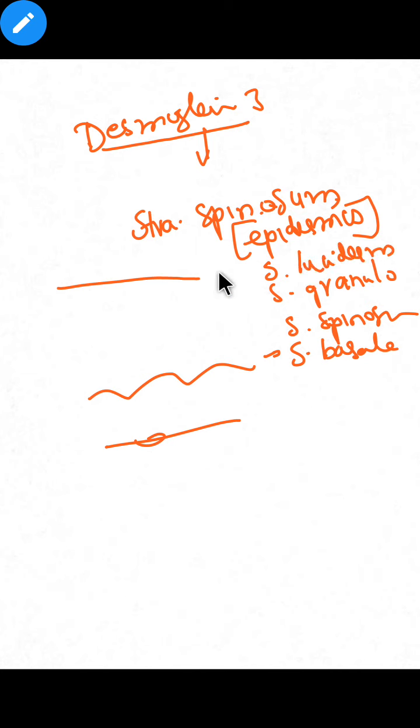Fifth, we have stratum corneum, right? So this desmoglein 3 is present in stratum spinosum. So blisters are formed mainly in stratum spinosum.